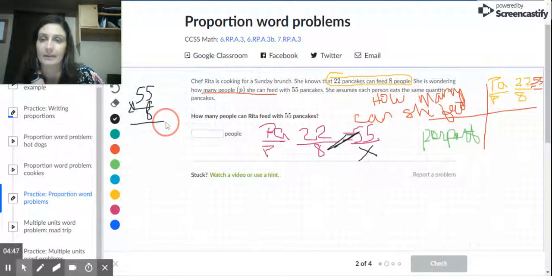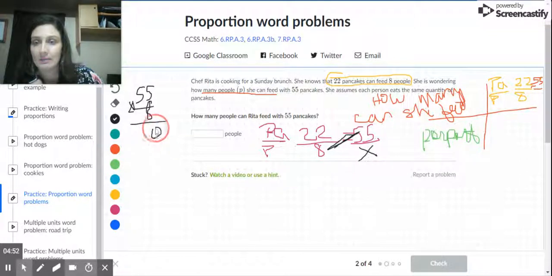Okay, so 8 times 5, we all know is 40. I'm going to put my 0, carry my 4. 8 times 5 again is 40, plus that 4 is going to give me 44. So I have 440 right now, but that's not my answer.